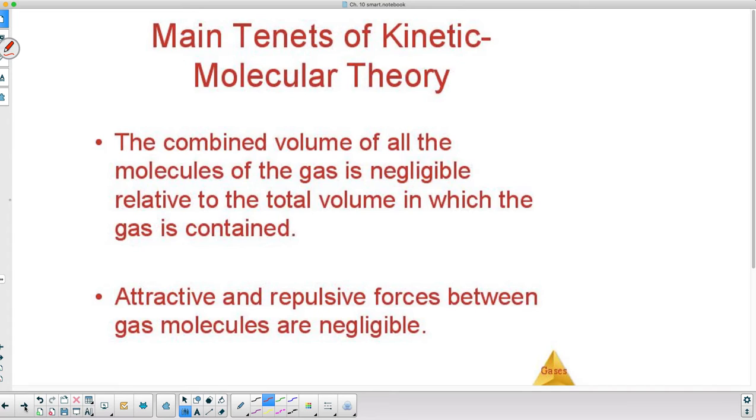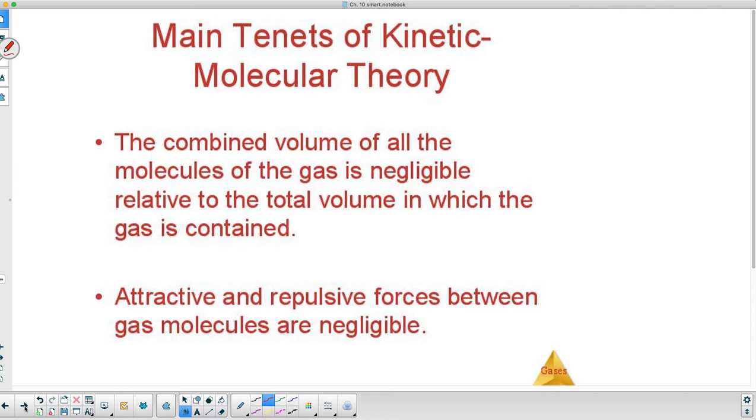Attractive and repulsive forces between gas molecules are also negligible, which actually means not worth measuring, basically, because it's such a small amount. So even though you may have gas particles that are ions, plus particles flying around, they don't repel each other enough to make a difference for the path they fly, bouncing off the walls and bouncing off each other.